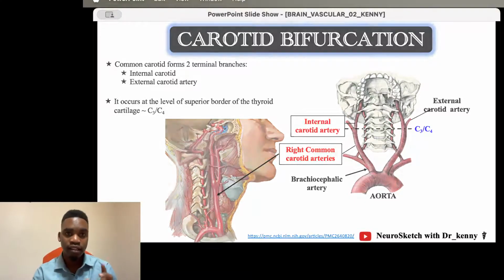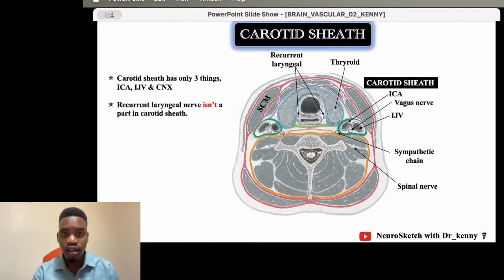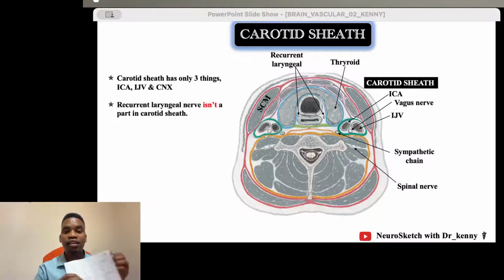So today we are starting discussion on the carotid sheath, which is a membrane that encircles these common carotid vessels. It starts by encircling the common carotid artery, and then the common carotid artery will bifurcate at the level that we know, and then the external carotid artery will leave from this carotid sheath.